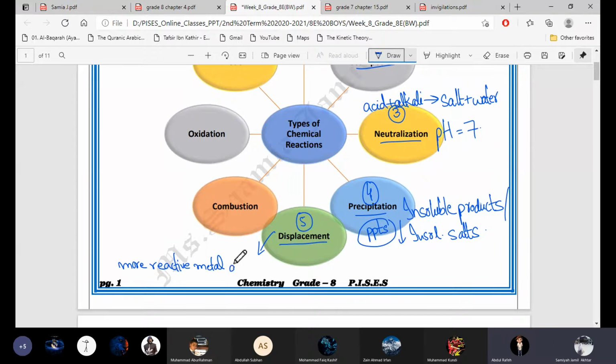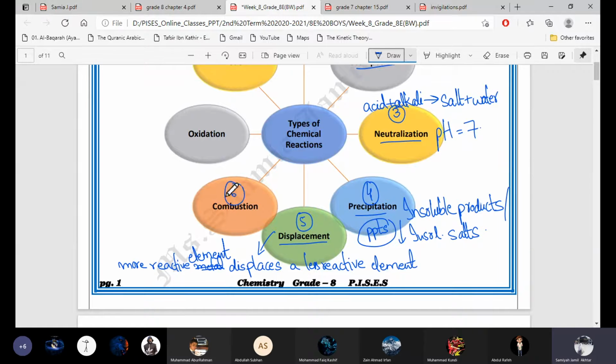Yes, ma'am. Okay, good. A more reactive metal displaces a less reactive metal. No, sorry, not metal, element. It can be a metal or a non-metal also. So displacement reaction is a reaction in which a more reactive element displaces a less reactive element.